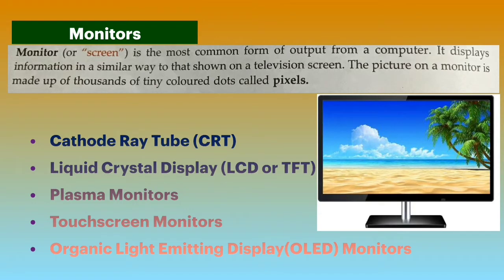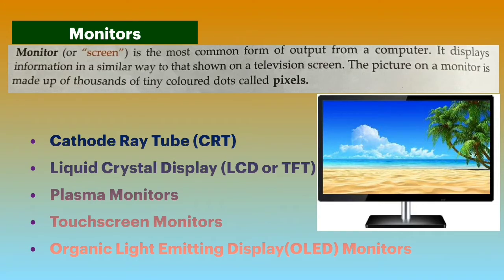The first one, Cathode Ray Tube or CRT monitors. Second one, liquid crystal display, or we also call it TFT LCD. Almost both of them are a similar kind of technology, as the next iteration of the liquid crystal display is TFT.